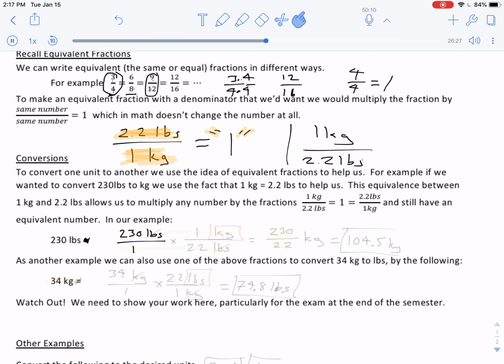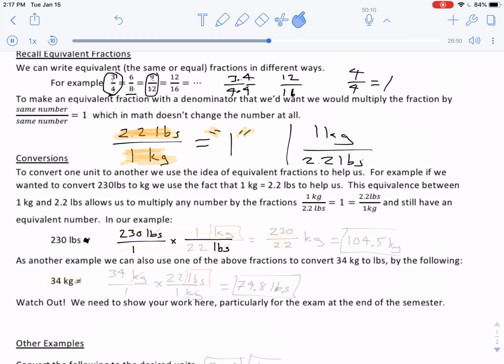I want to convert it to kilograms, which means I want to get rid of the pounds. What I love about conversions is that I want pounds to go away. It's kind of like how things cancel in mathematics with fractions. When I write a fraction, which fraction do I want to use?